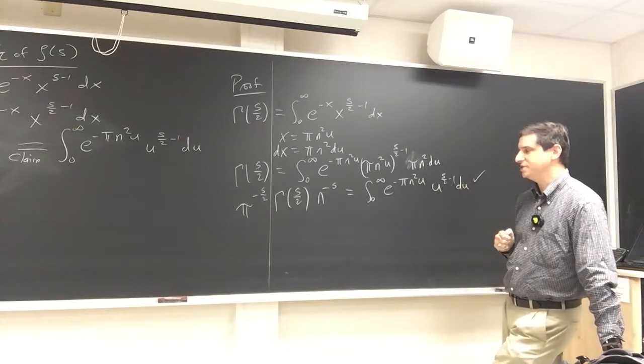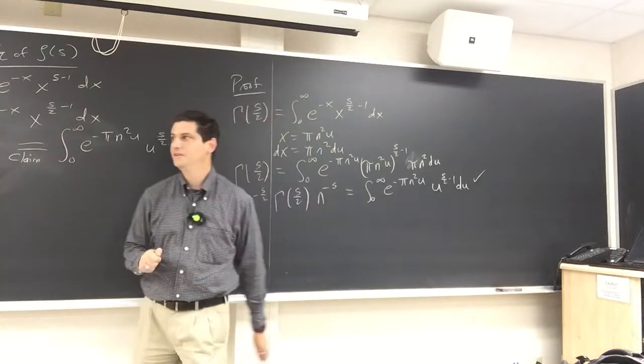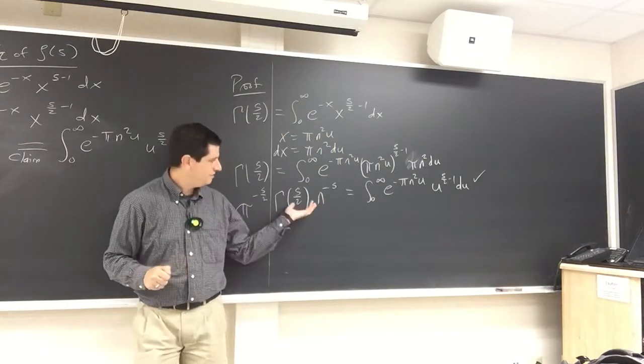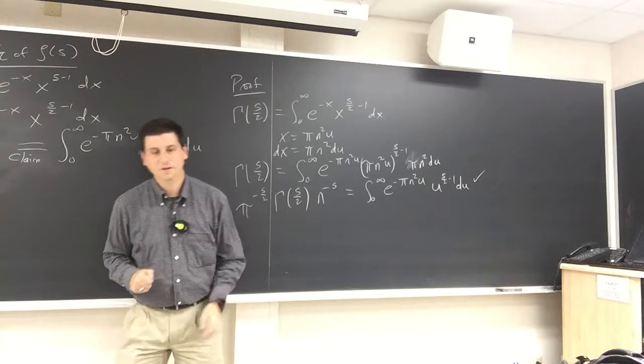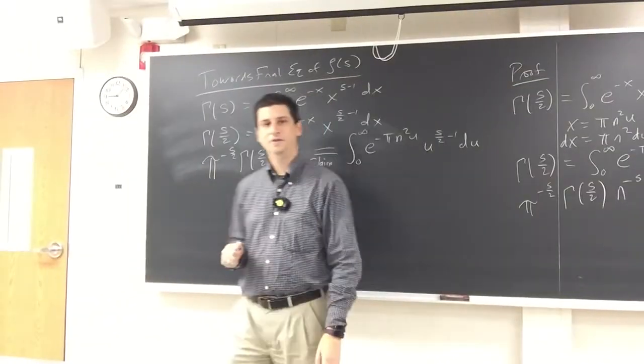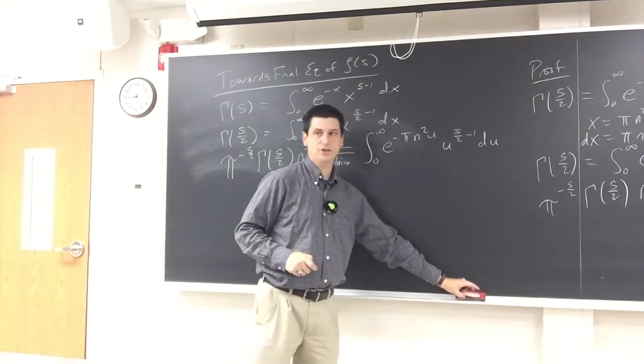What should we do to both sides of this equality now? Now that we have this, what should we do? So this is no longer a claim. We now have this relation.